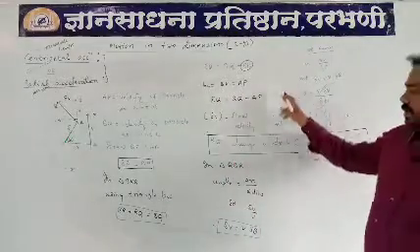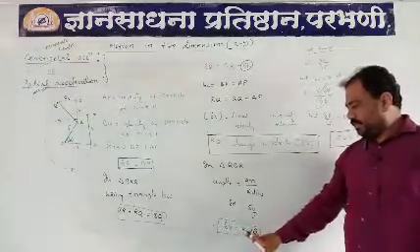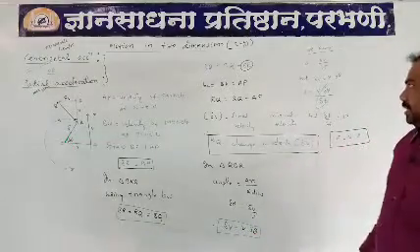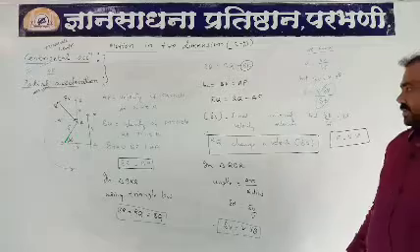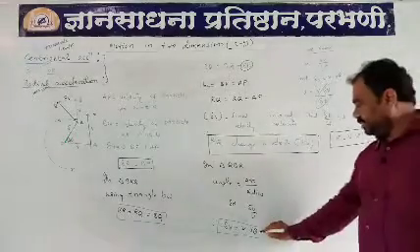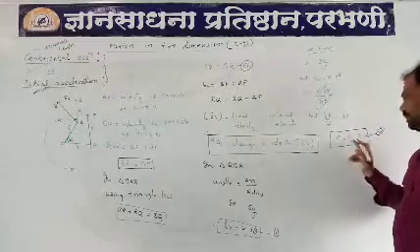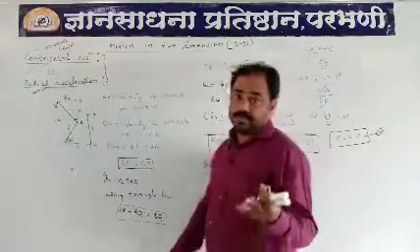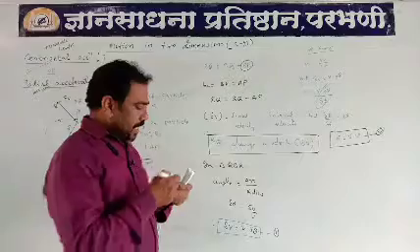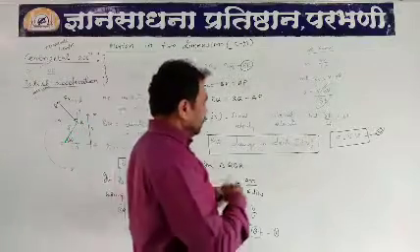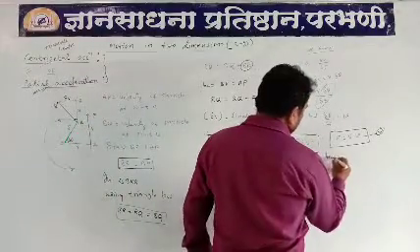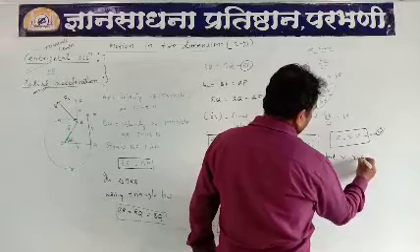So you should know that delta V is equal to V into delta theta. Here we get two equations, first and second: acceleration is equal to v into omega. But we know v means linear velocity, and v is equal to r omega, which we have seen.